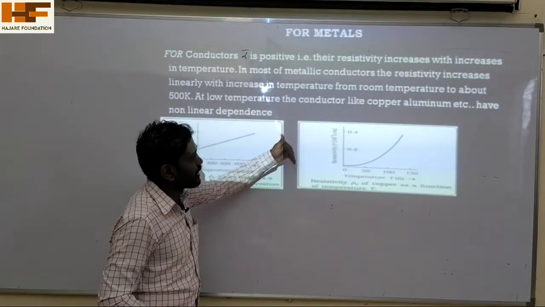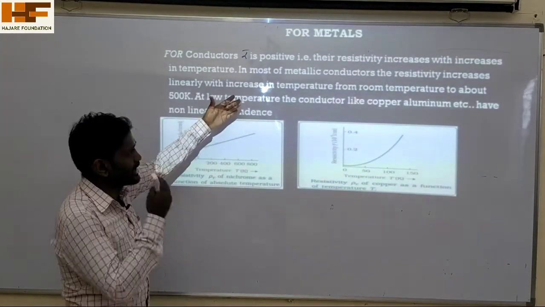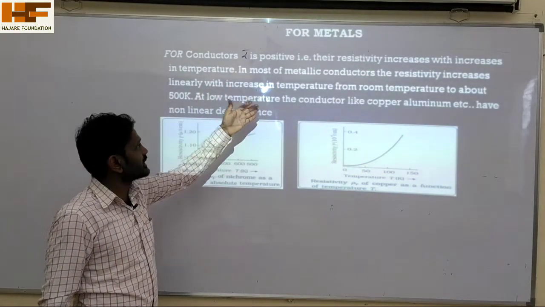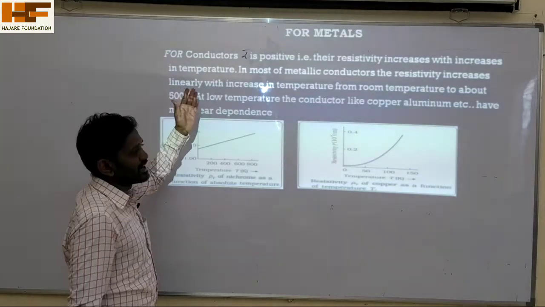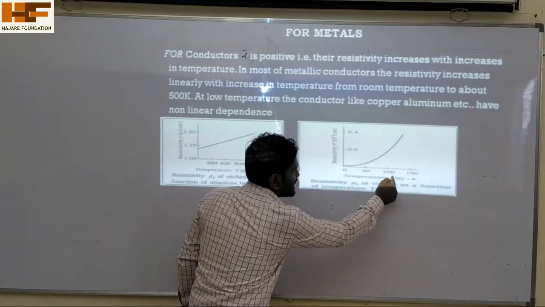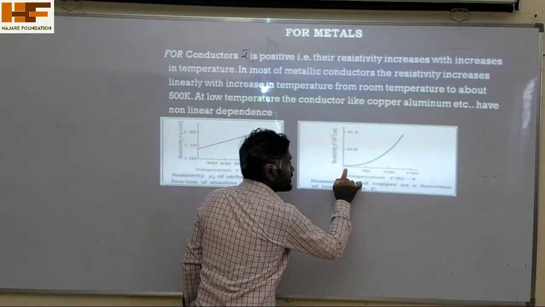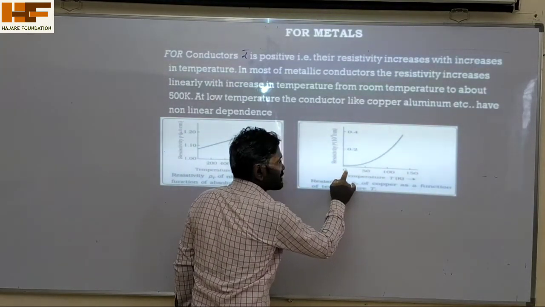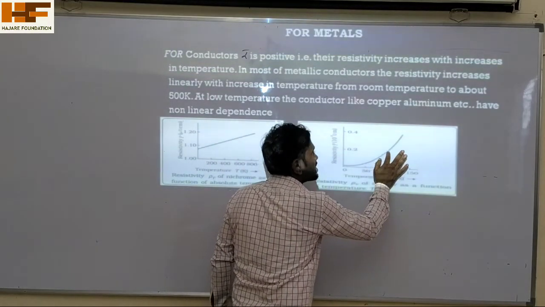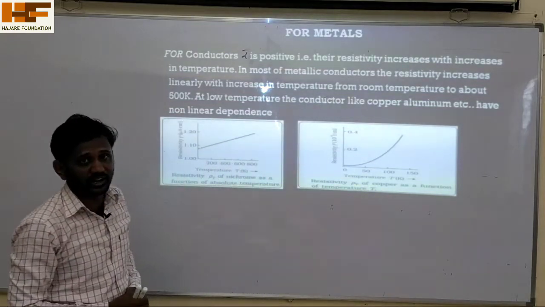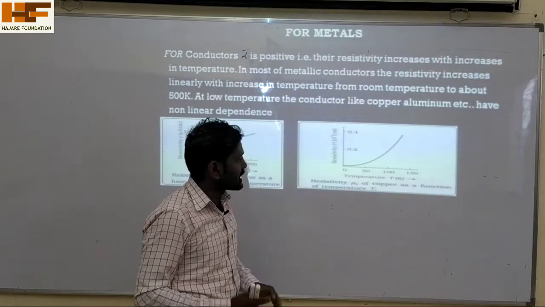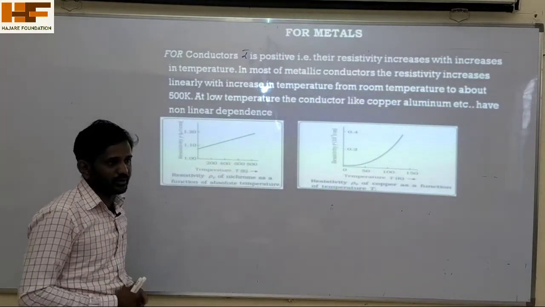After that, for low temperature, as we said, some metals like copper and aluminum have a non-linear dependence. Observe this one for copper: at lower temperature, when the temperature is increased, the resistivity also increases non-linearly for copper and aluminum.